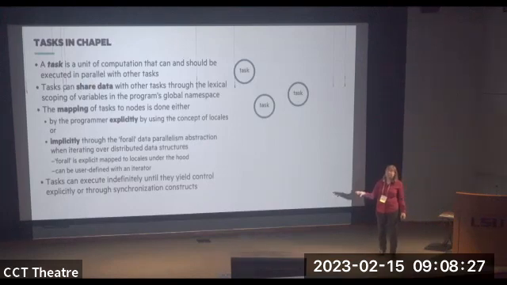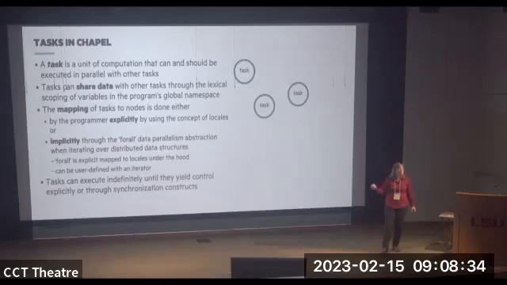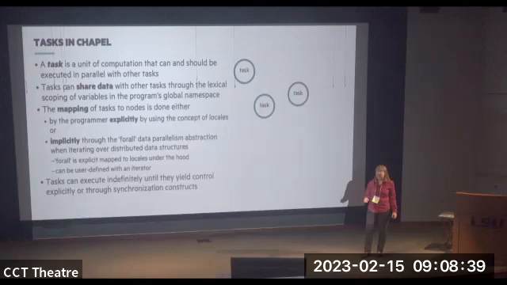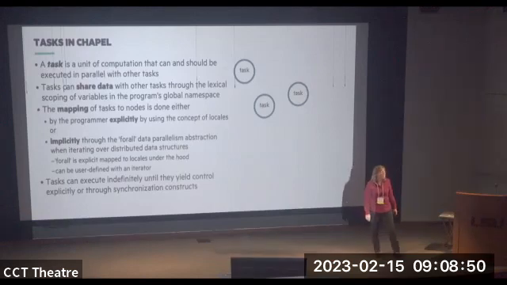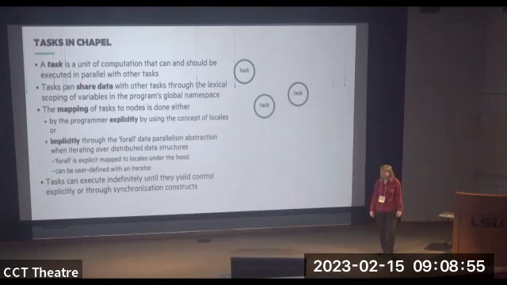And what's especially nice about that is that you can have user-defined iterators that change how the forall is mapping tasks to nodes. And a couple of the applications I looked at here do that. So in Chapel, tasks are going to execute indefinitely until they yield control explicitly or through synchronization constructs. All right, so at this point, are there any questions about tasks in Chapel?